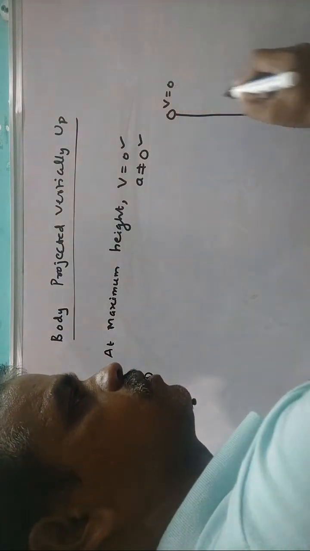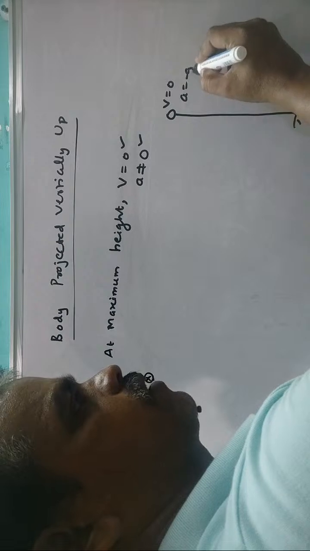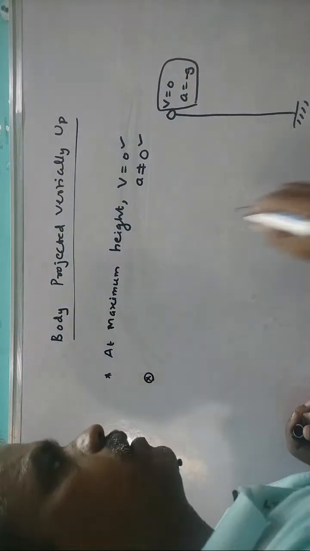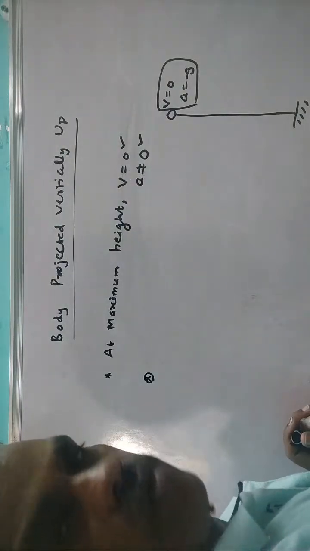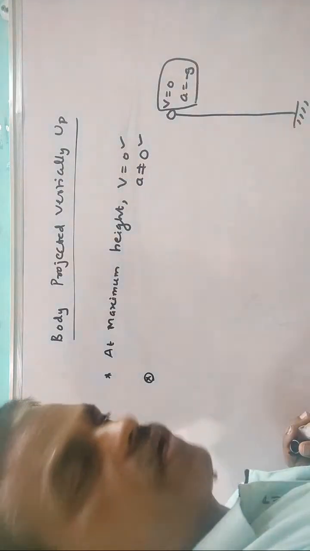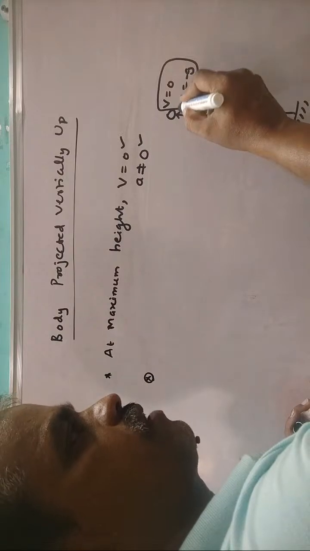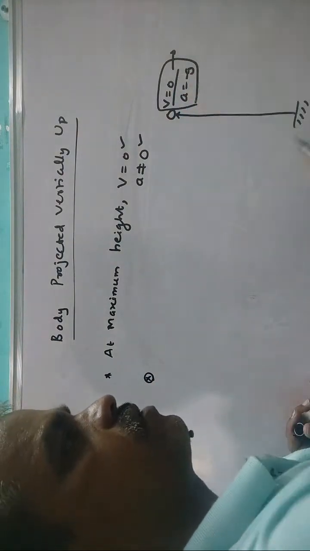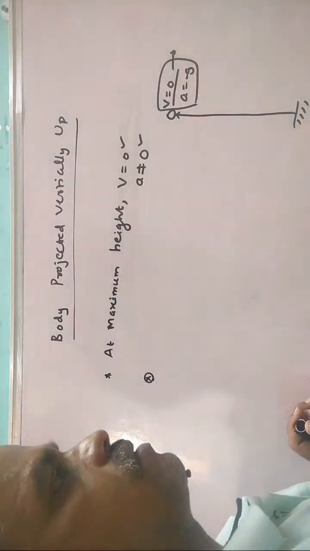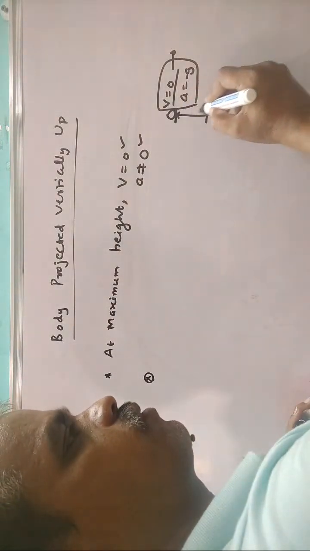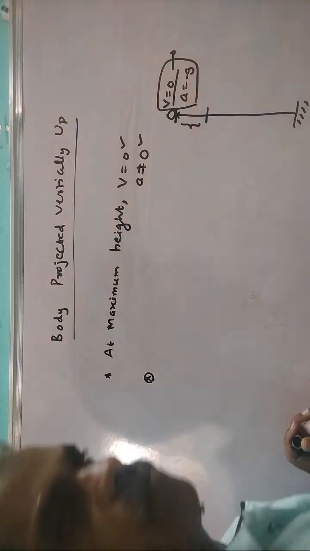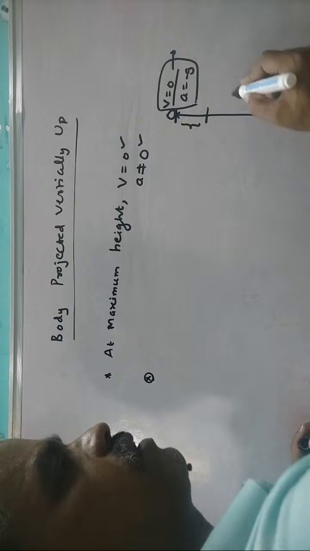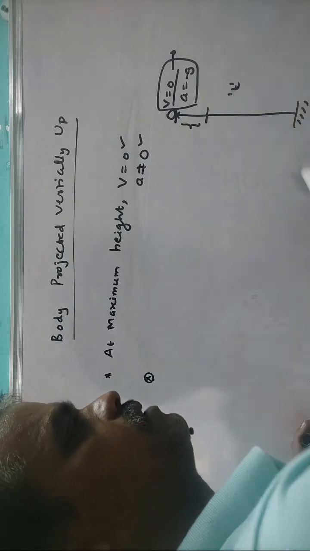Final velocity equal to 0, a equal to minus g. These are two conditions. So at maximum height v equal to 0, and a equal to minus g. We have to calculate the last second displacement. For example, it takes t seconds.